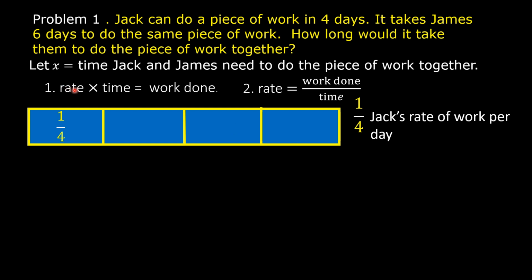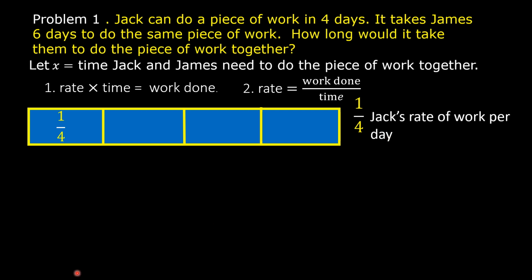If the rate of work of Jack is 1/4 times the time required by Jack to finish the piece of work, which is 4 days, so 1/4 times 4 is equal to 1, meaning one piece of work is completed by Jack after 4 days.